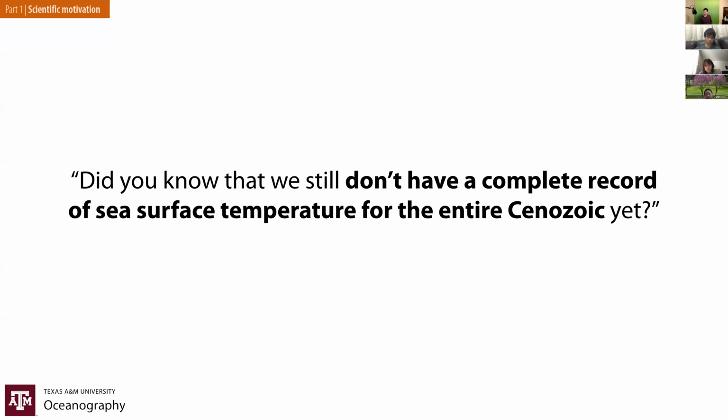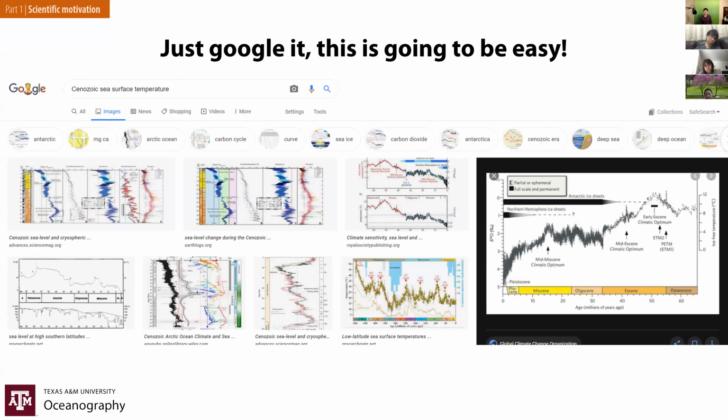So let's see what I did first after I was asked this question. I just Google it, right? It's going to be an easy way to get an answer these days. So I Googled Cenozoic sea surface temperatures, and I see these beautiful charts all over the place, and they have similar shapes in most of the pictures showing up here.